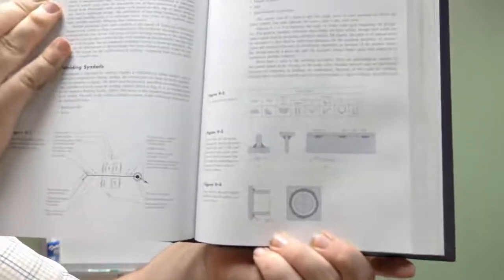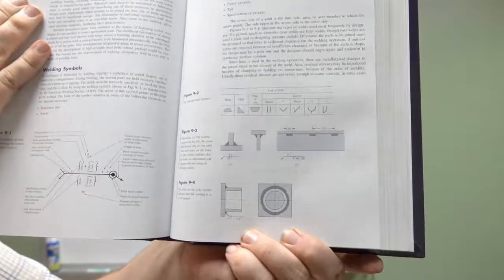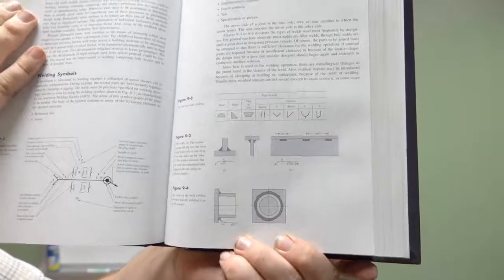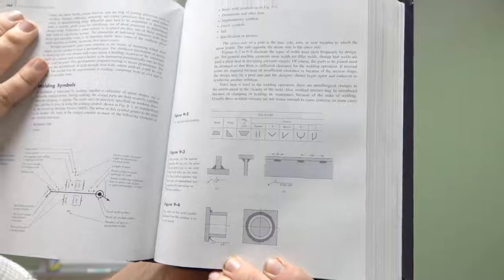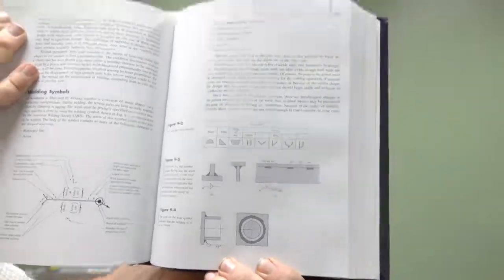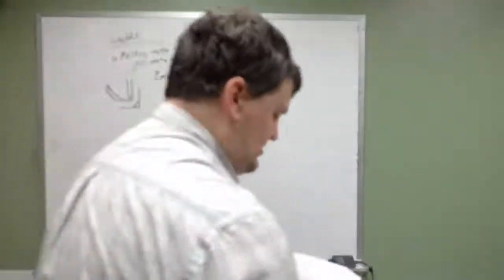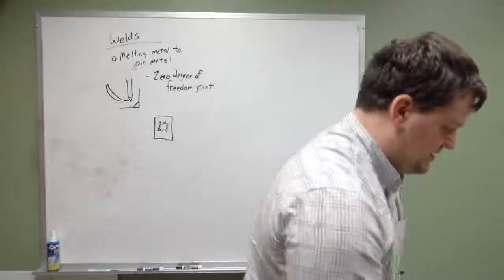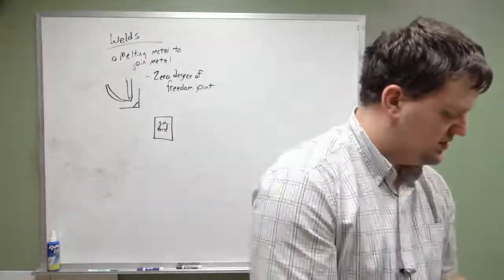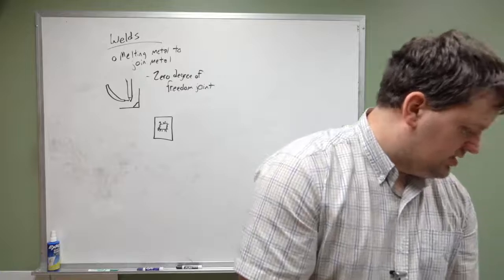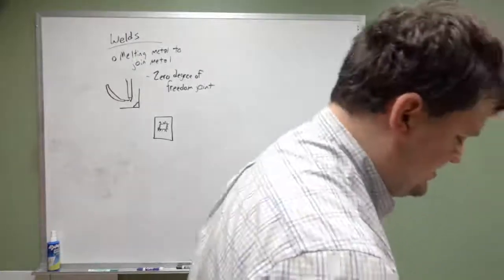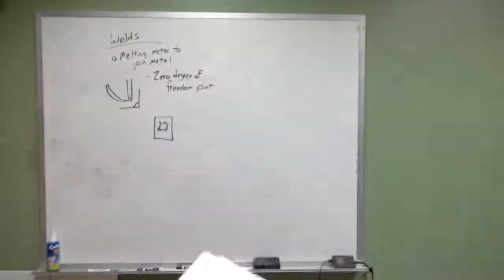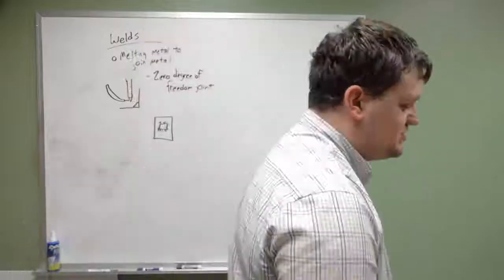So you've got bead welds, fillet welds, plugs, square, V, bevel, all these different types of welds and how to really calculate them. So here's some symbols on how you would show the weld. So again, it's just a really good resource.